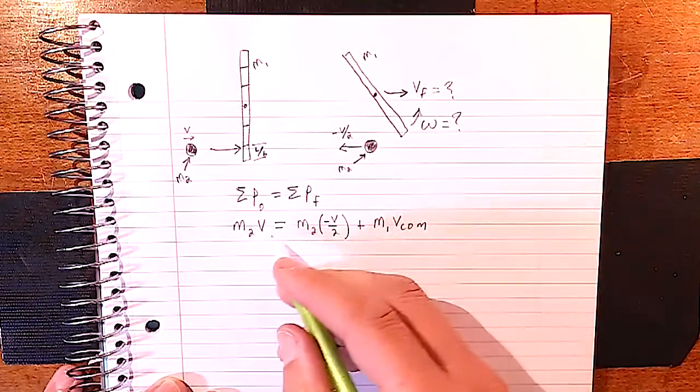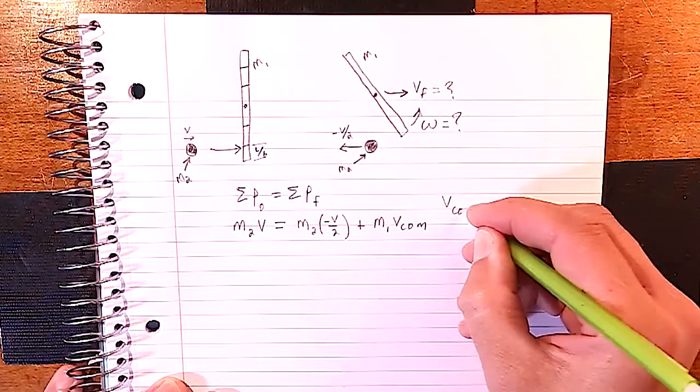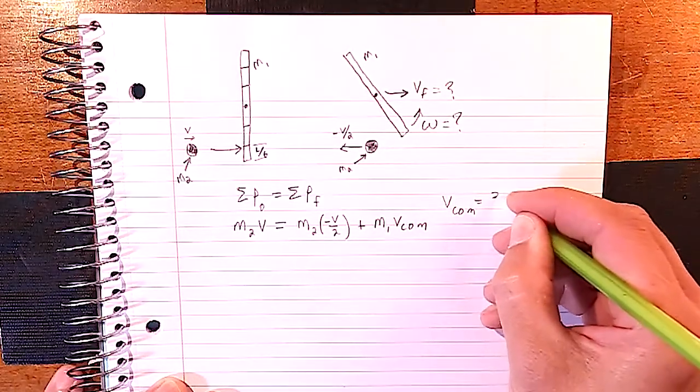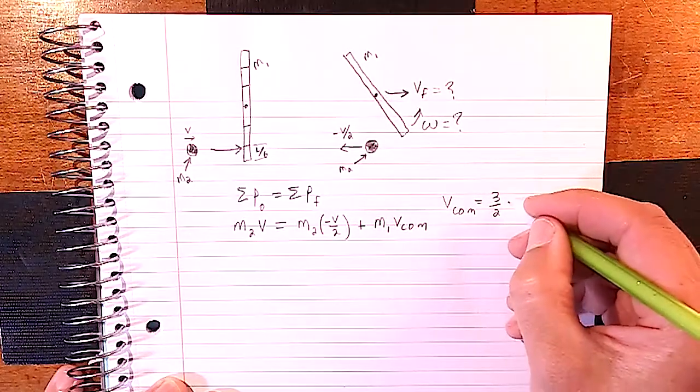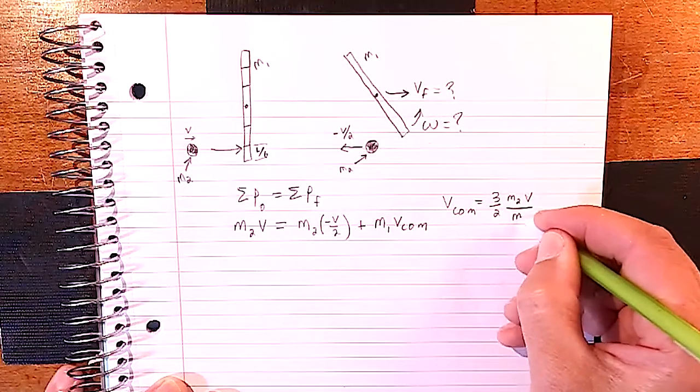And then all we have to do is rearrange this with our fractions, and we get a v com, adding that over to the other side, of 3/2 m2 v, that's the initial velocity, over m1.